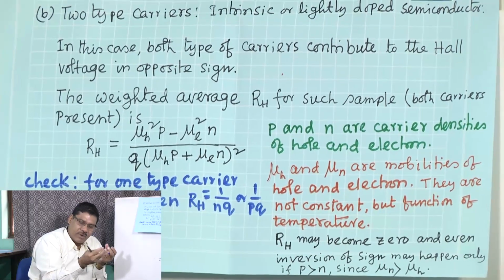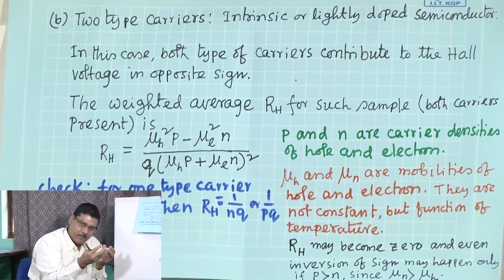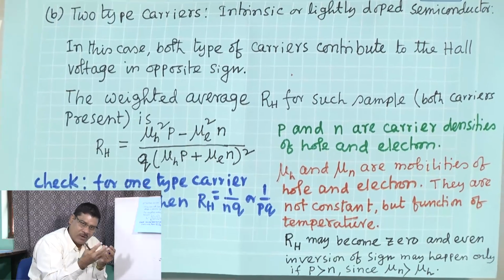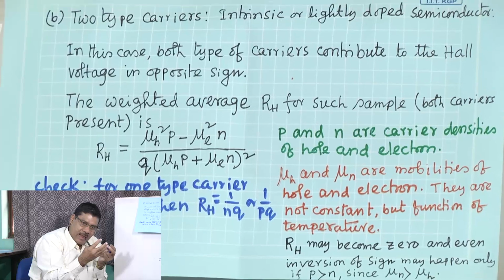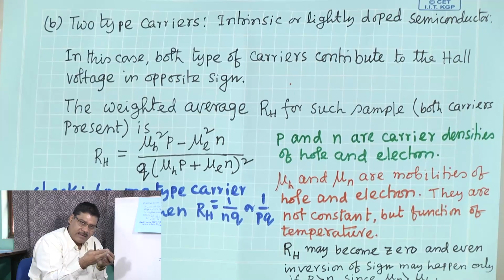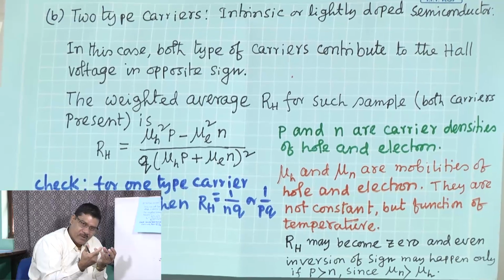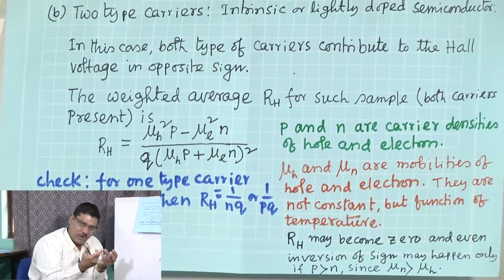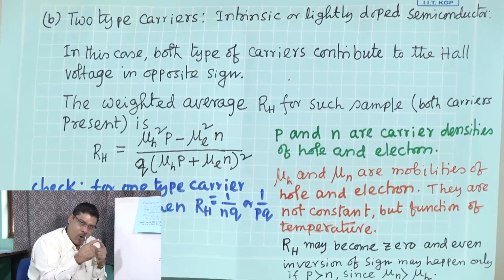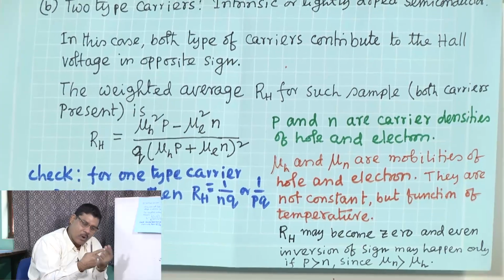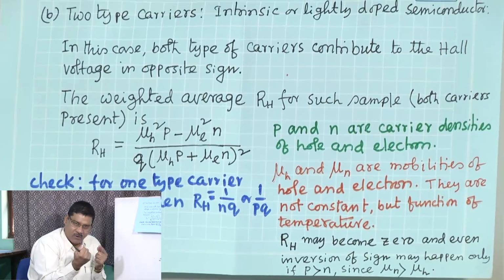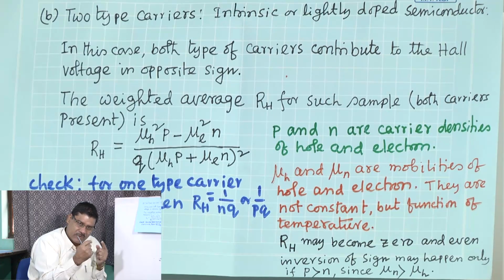But the Hall voltage for hole and electron will be in opposite directions. In one case it is in the positive direction, for the other case it will be in the opposite direction. So basically, the contributions from these two carriers in Hall voltage will be on opposite sides.